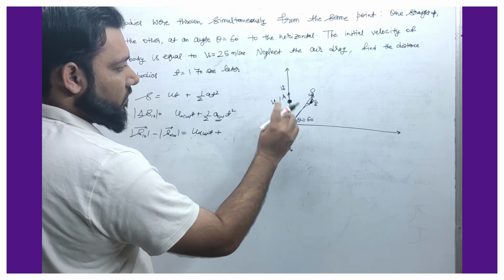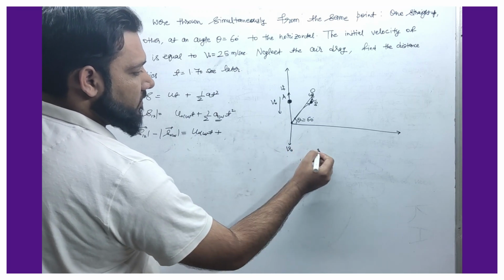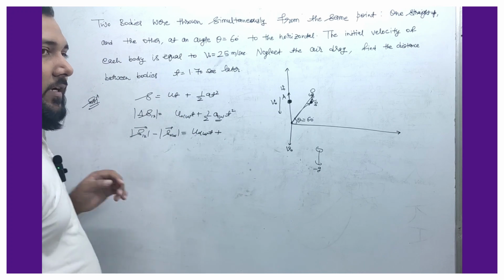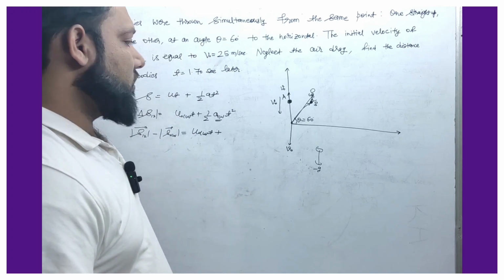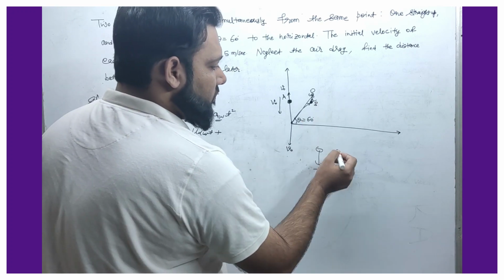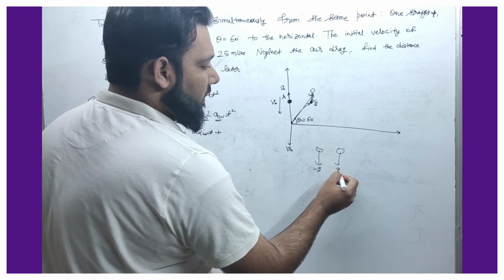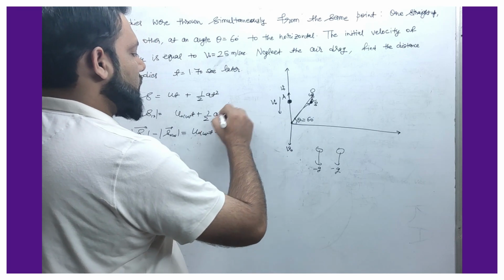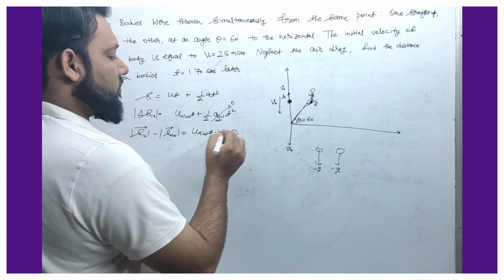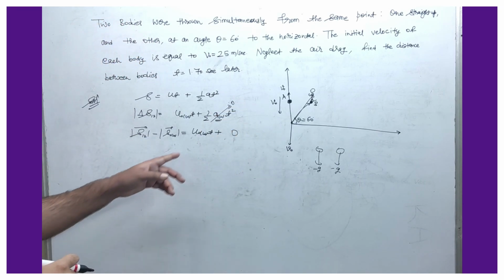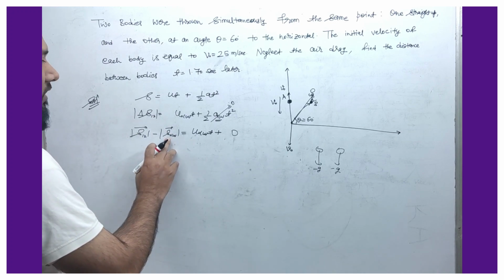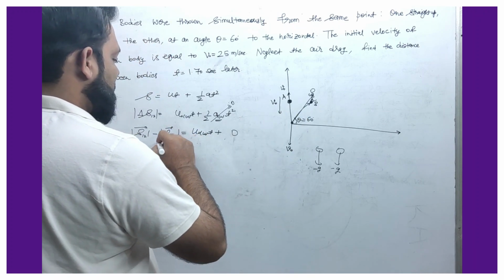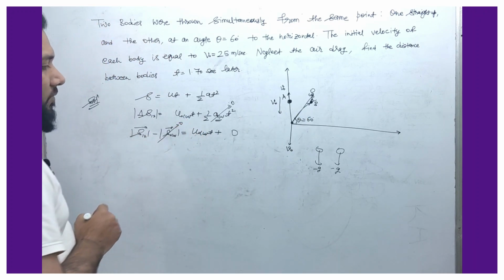For this body the acceleration is downward, that is minus g, taking the downward direction as negative. For the other body the acceleration is again minus g, so the relative acceleration will be 0. This term will come out to be 0, and the initial positions are the same, since they start from the same point, so that will also be 0.